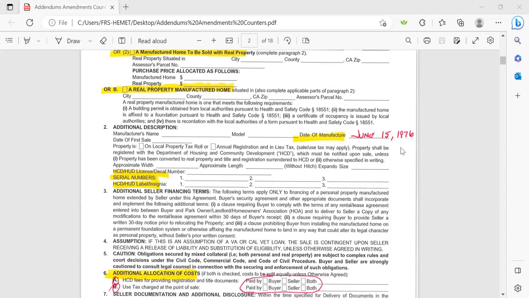Also, by putting 2x4 walls on the exterior and on the interior, it strengthened the homes enough to where they could put a pitch roof on it instead of the regular flat roofs that they used to put on it. So that pitch roof allows for water to run off just like it does on a regular stick-built home.